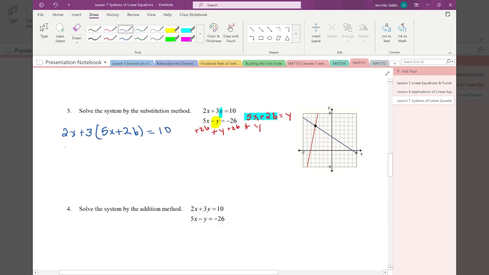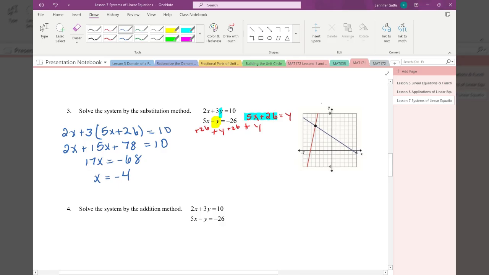So that gives me 2x plus 15x plus 78 is equal to 10. Gives me 17x is equal to negative 68. Gives me x is equal to negative 4.